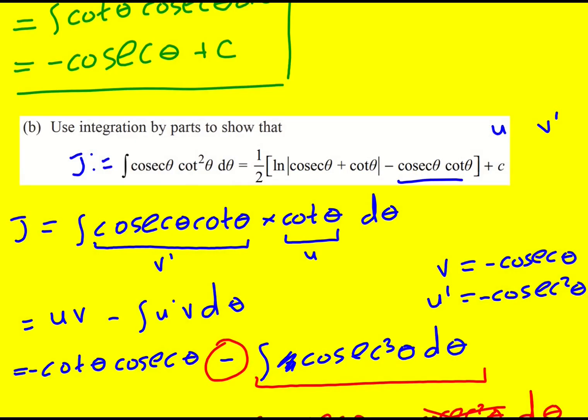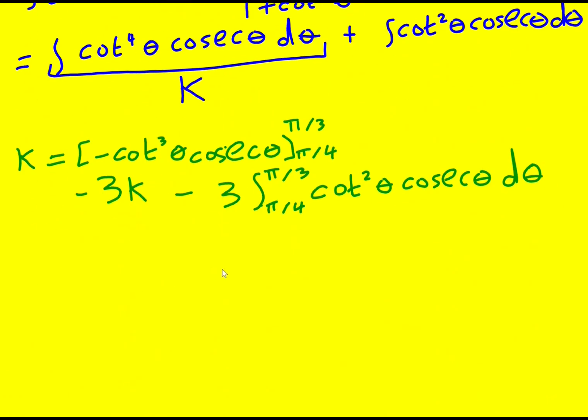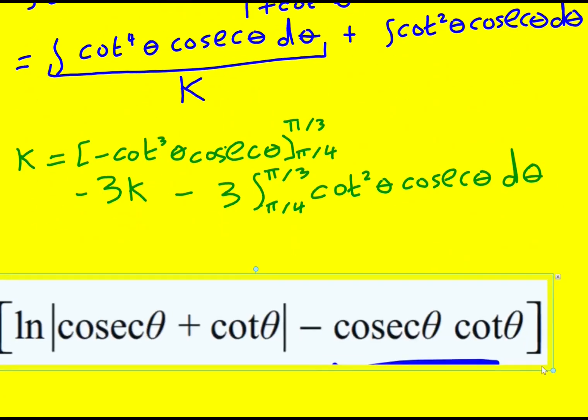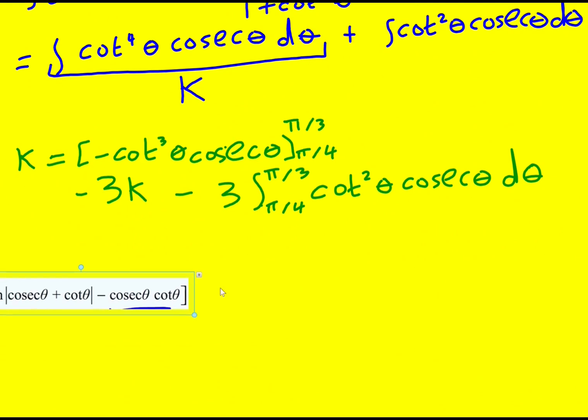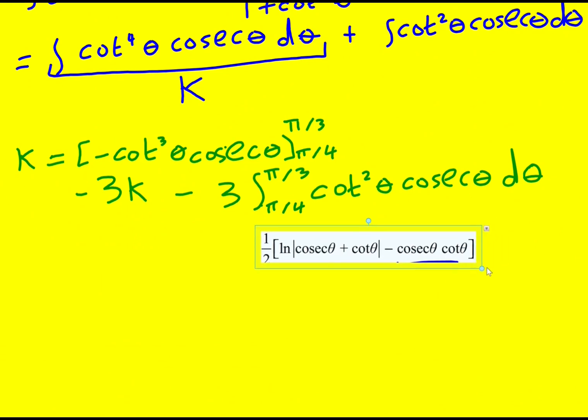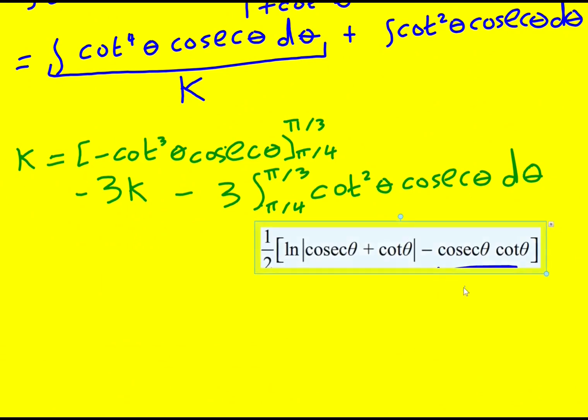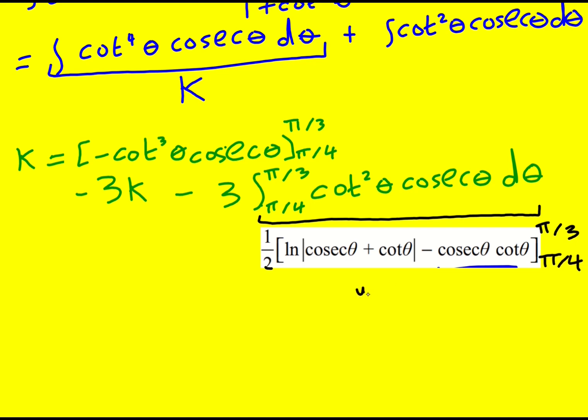So I've already got this result, since I need to evaluate it between pi over 3 and pi over 4. So this is using part B.